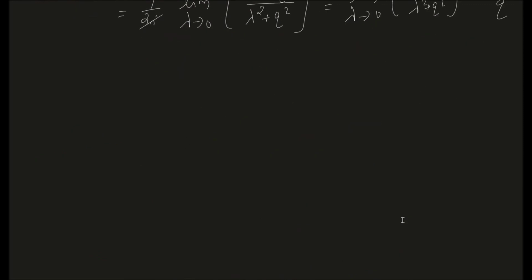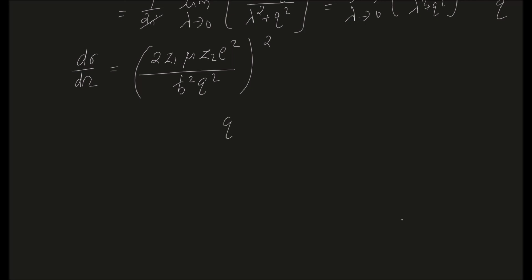So you can write the differential scattering cross section d sigma by d omega. This is equal to (2 Z1 Z2 mu e square divided by h cross square q square) whole square, because the modulus square of the integral of sin(qr) dr will simply give us 1 by q square. Now if you remember, q was given by 2k sin(theta by 2), right?